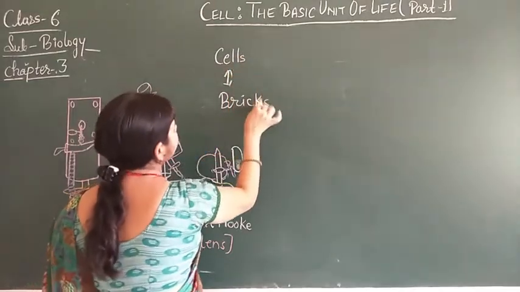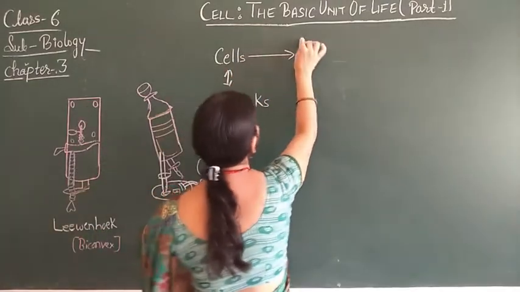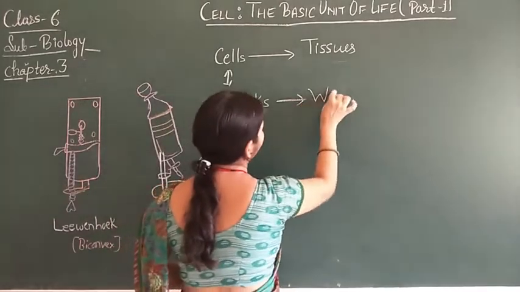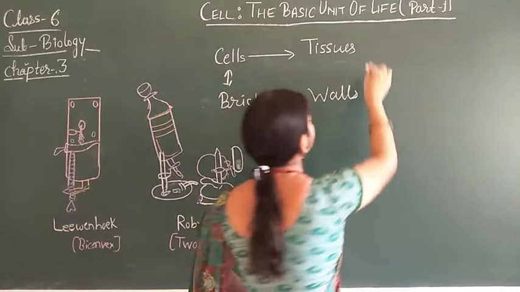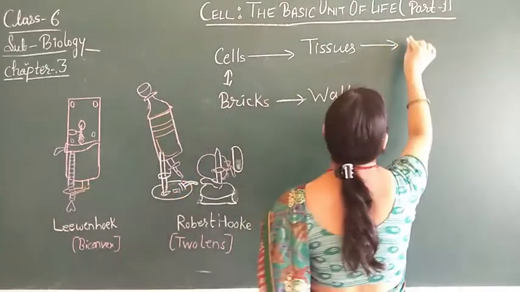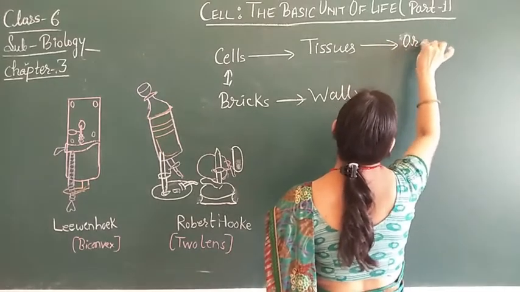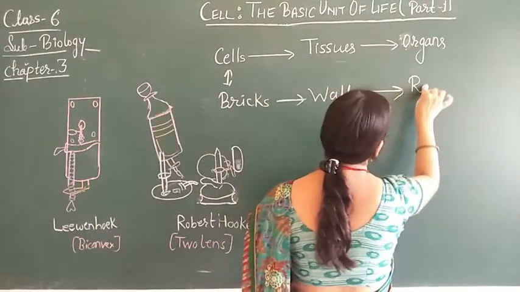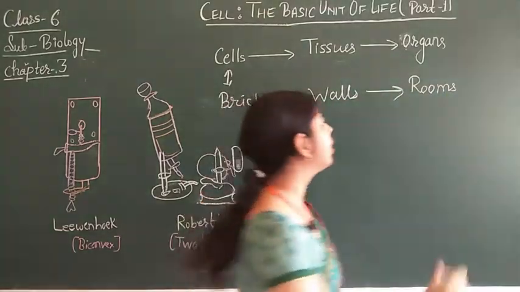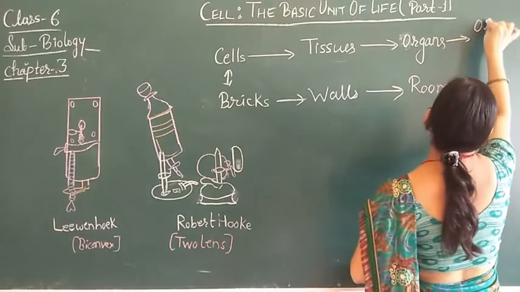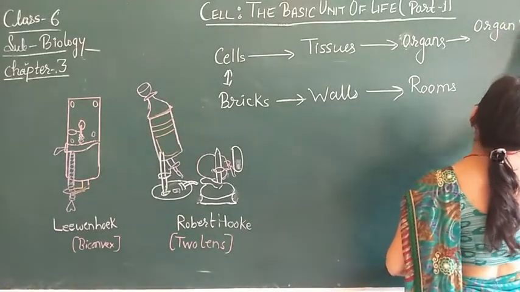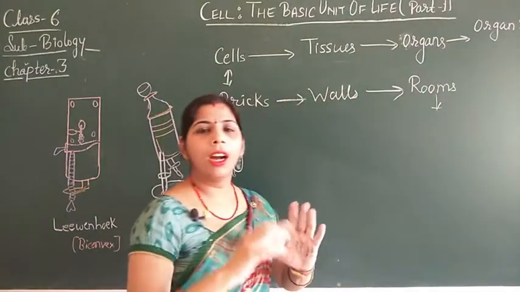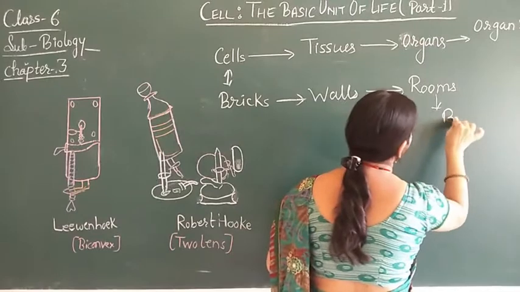A number of cells form tissues, just as a number of bricks combine to form walls. A number of tissues form organs, just as a number of walls and ceiling form a room. Organs combine to form an organ system, and in the same way rooms combine to form a building.